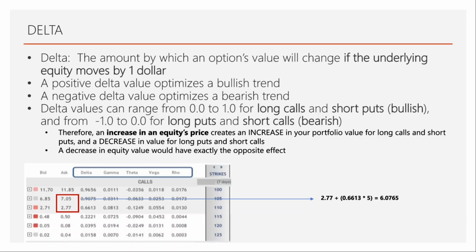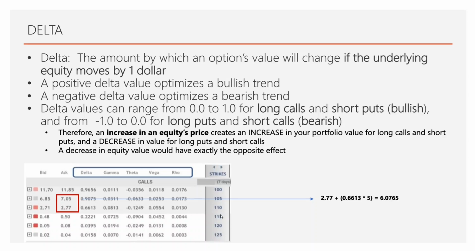So what will be my options price? Right now it is $2.77. When the stock price increases by $5, my at the money will be $115.